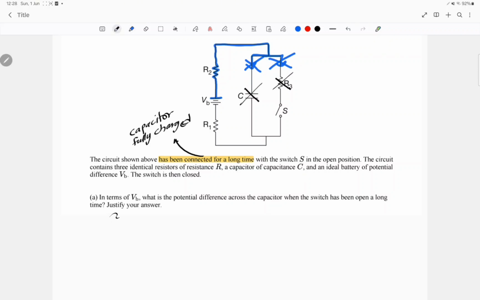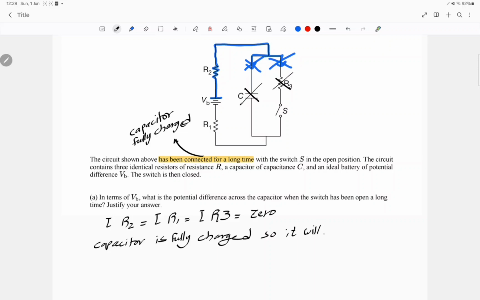So in this case, we're going to say that I of R2 is equal to I of R1 is equal to I of R3, all of which is equal to 0, I being the current here. So the current in the circuit is going to be 0. Okay? And now the capacitor is fully charged.